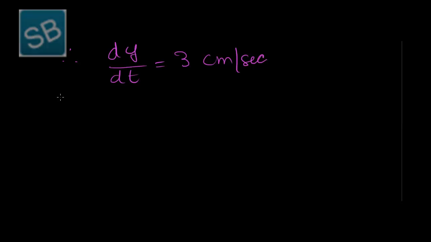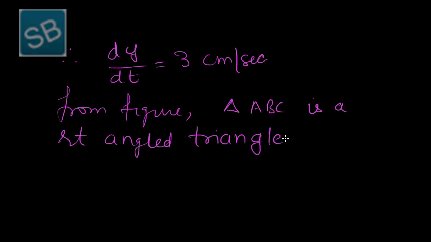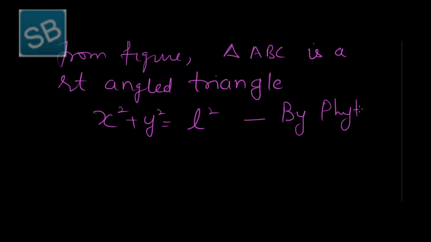If we see from the figure, triangle ABC is a right angle triangle. Therefore, by Pythagoras theorem, x square plus y square is equal to L square.